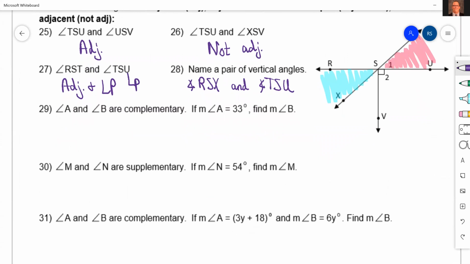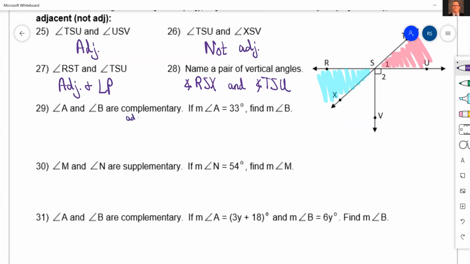Okay, 29. Says A and B are complementary. What's that word mean? They add to equal 90 degrees. The measure of angle A is 33 degrees, so what's B?